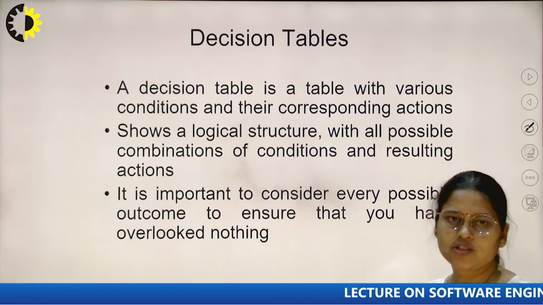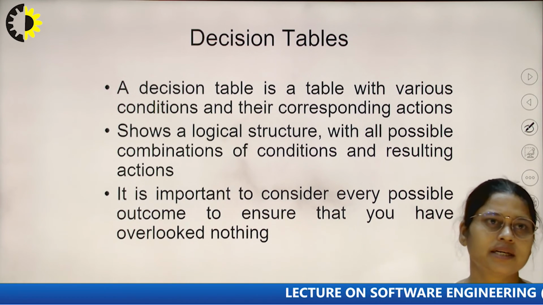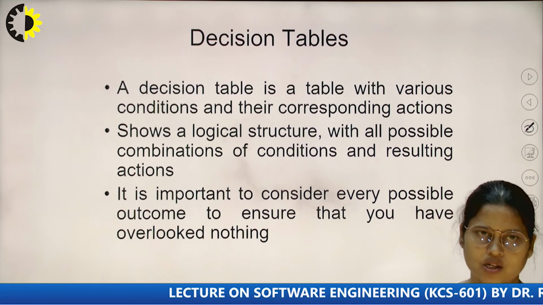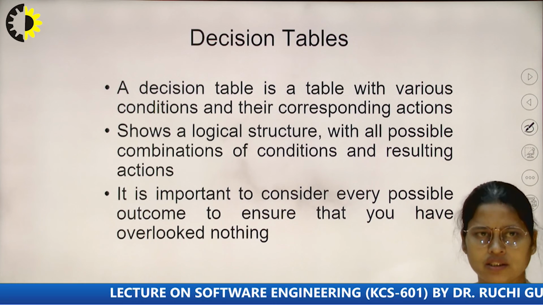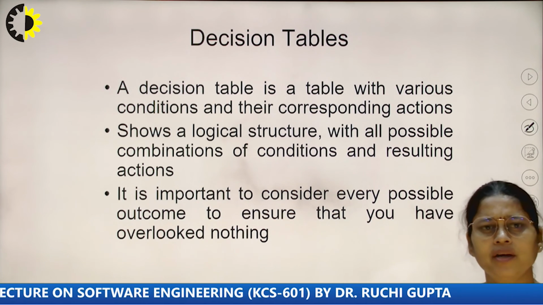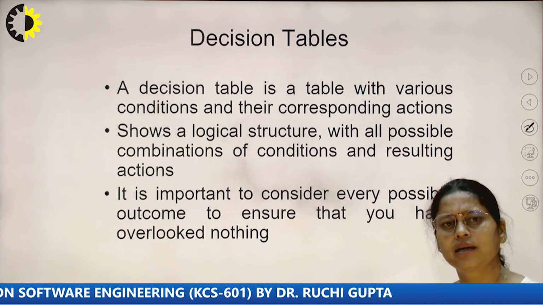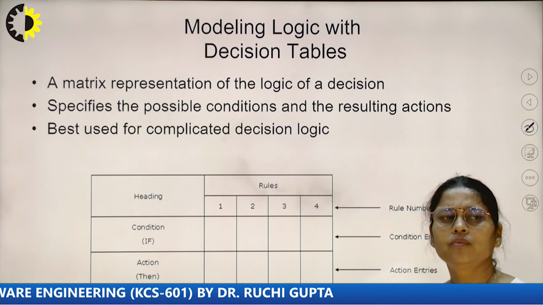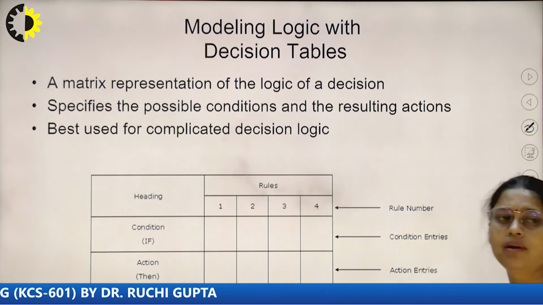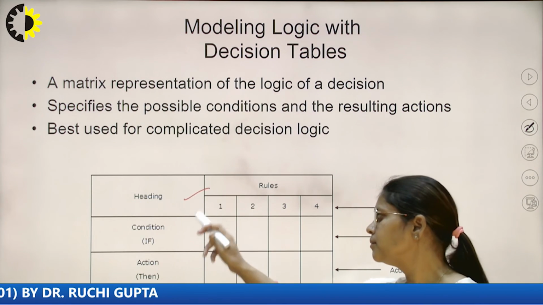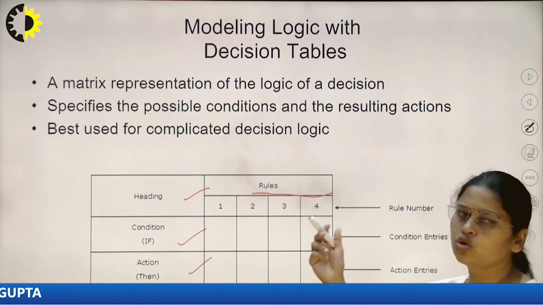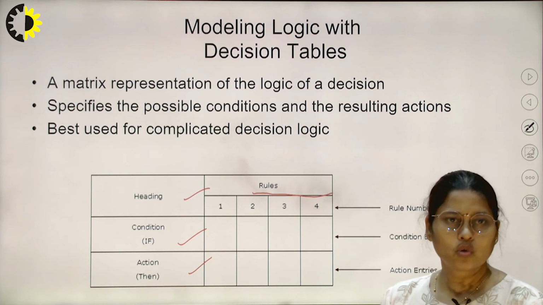Now, we come to the decision table. A decision table is a table of the various conditions and their corresponding actions. It is a logical structure with all possible combinations of conditions and their resulting actions. So basically we have three parts of this decision table: the heading part, conditions, then actions, and correspondingly the action is taken as per the rules.